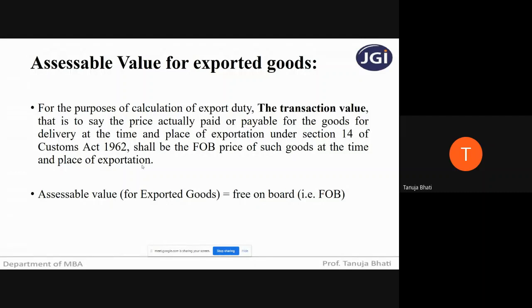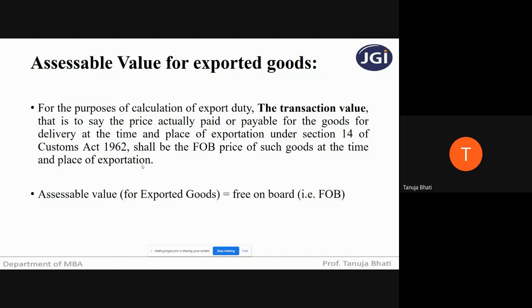As we have seen in case of imported goods, the transaction value was CIF, that is cost, insurance, and freight. How did we arrive at CIF? That was FOB plus freight plus insurance. How did we derive FOB, that is FAS, correct? We add local insurance and local freight to FAS.